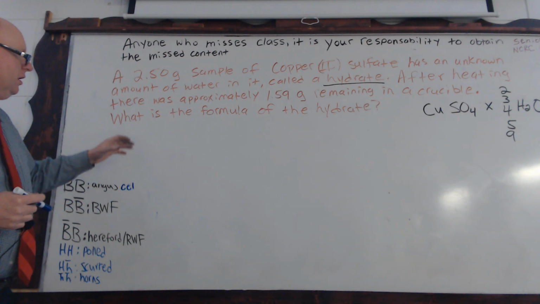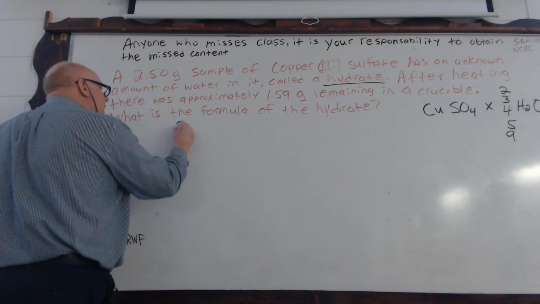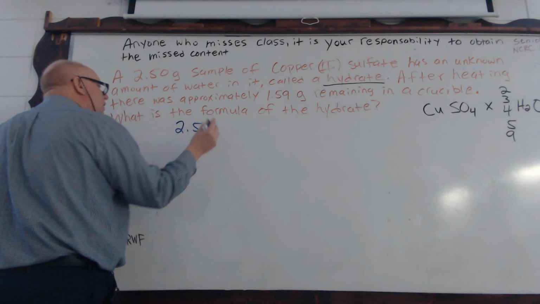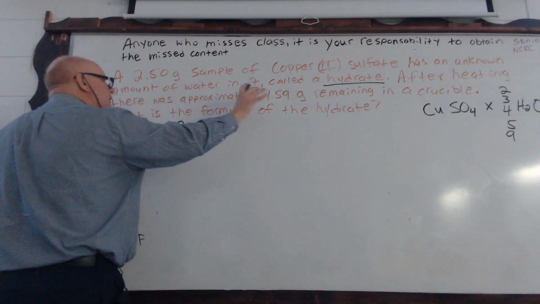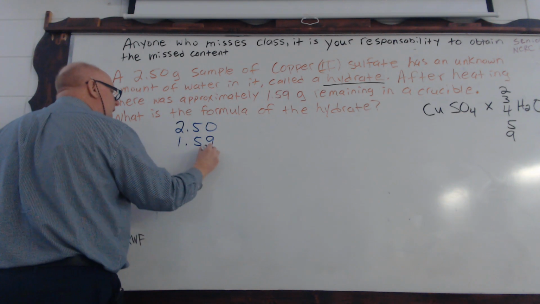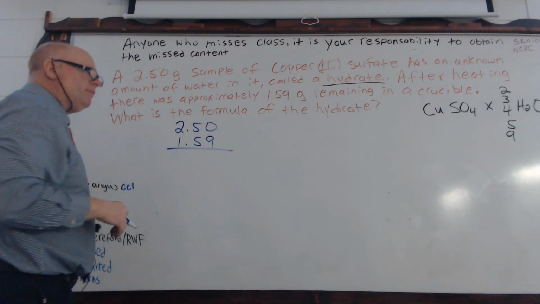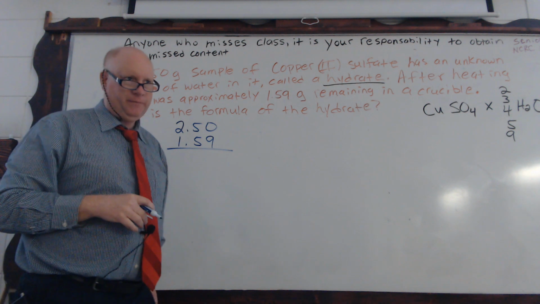Okay? So what this means is, if we had 2.5 grams to start with, then after a certain amount of time, we recorded 1.59, something must have been removed from this, and that would be water. Okay?